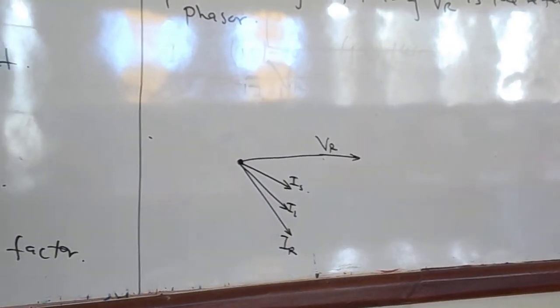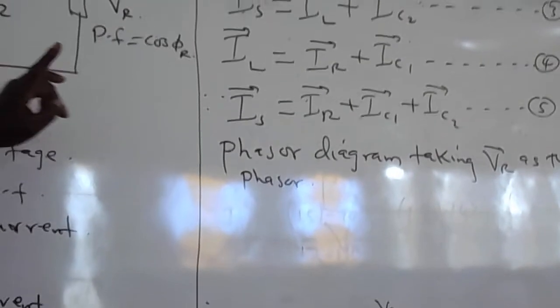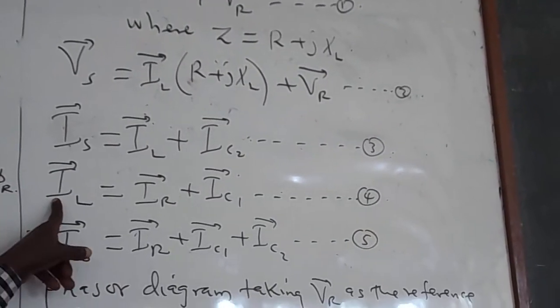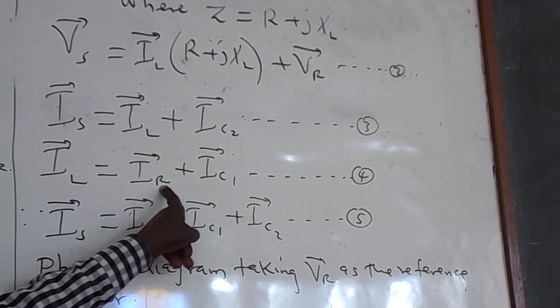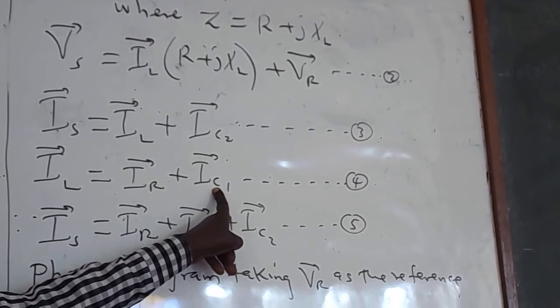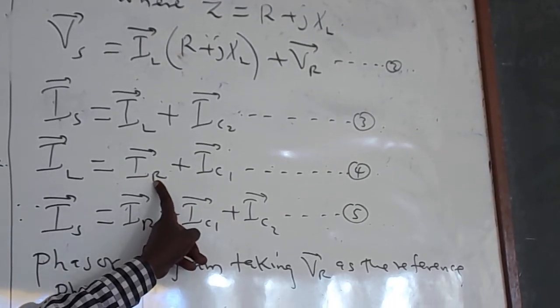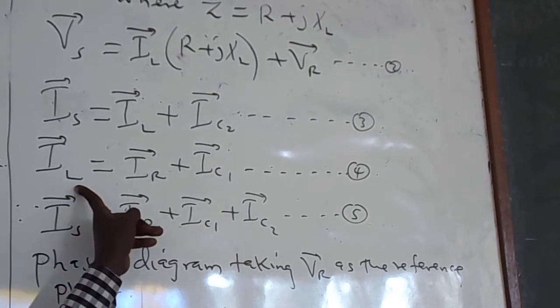Now, if you look at the equations, look at equation 4, where we say the line current is equal to the load or receiving end current plus IC1. So that means that when we add our receiving end current plus IC1, it should give us the line current.